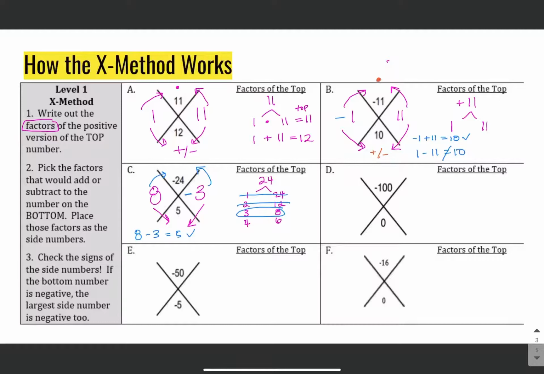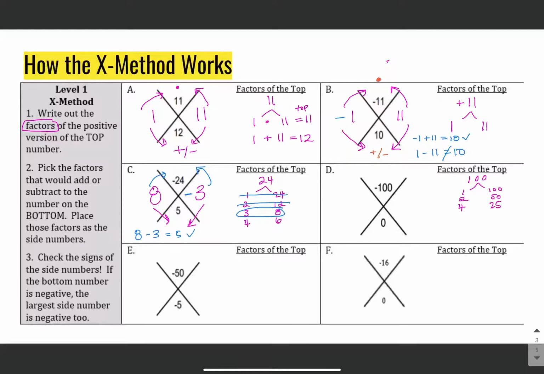All right, let's look at another one. So we need the factors of 100. Now this one's interesting because when it combines, it needs to be 0. So let's think about this. Well, obviously 1 and 100, that would be 2 and 50. 3 won't work. 4 and 25. 6 won't work.